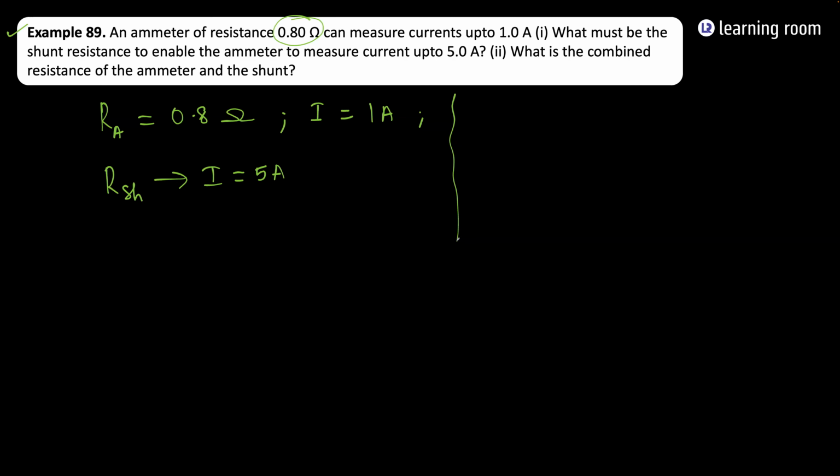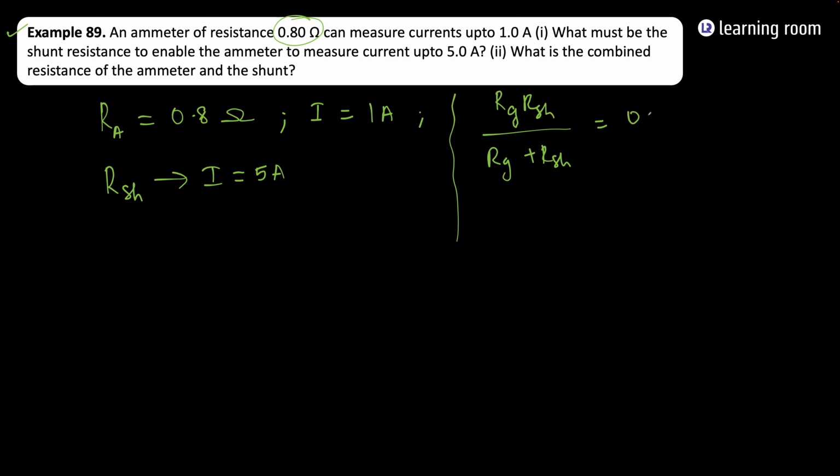So what is the resistance of the ammeter? Resistance of the ammeter is going to be resistance of galvanometer into shunt resistance divided by Rg plus R shunt.